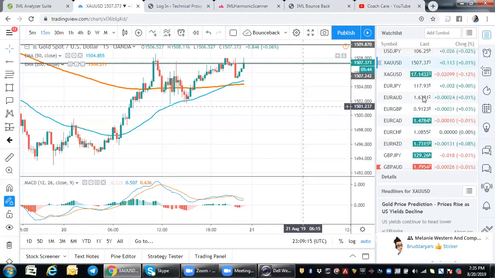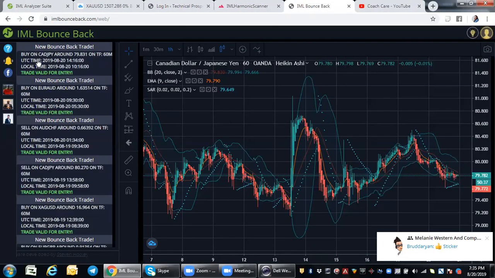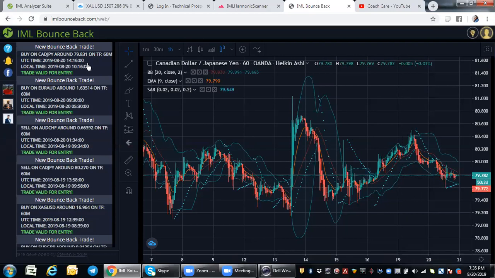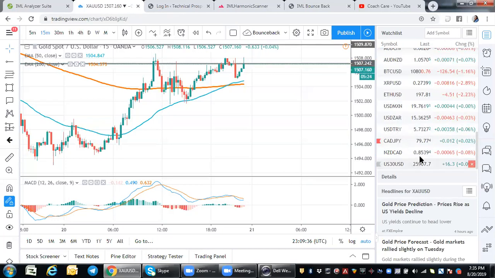Let's go. So first of all, CADJPY got called on the 60-minute time frame today for a buy around 79,831, right? So I'm going to go to CADJPY.